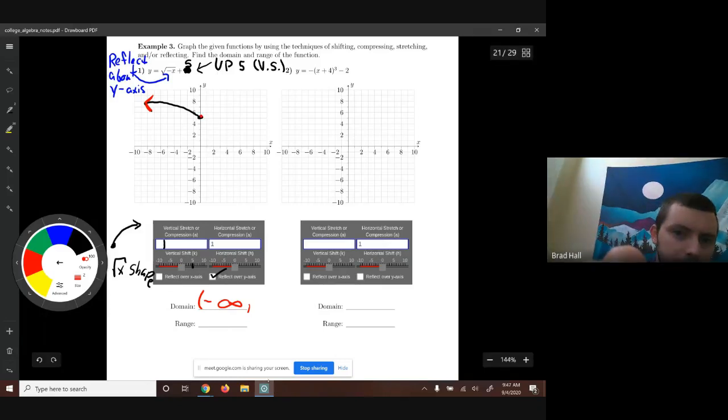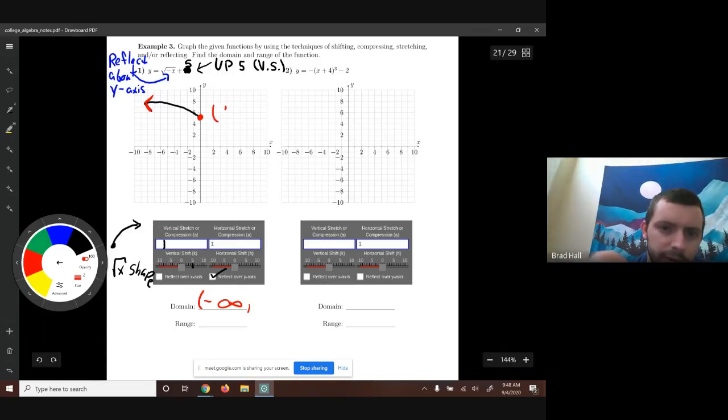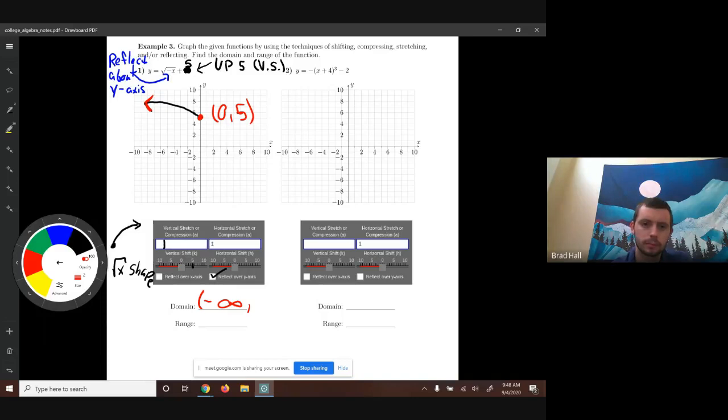Well, we see it's this point right here. What is that ordered pair? We can see that it's 0, 5. And since we're dealing with the domain, we're dealing with x values. So that's when we look at 0.